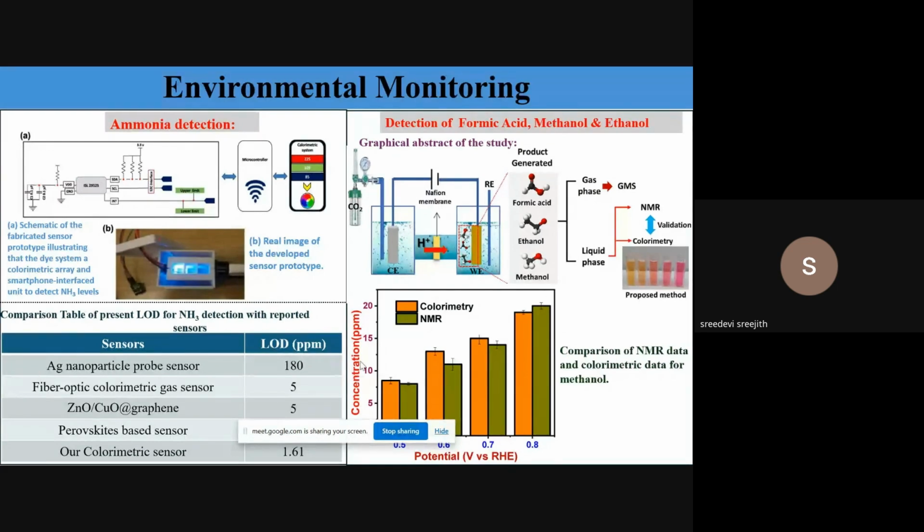This colorimetric device is user friendly and simple, so we can replace the NMR device with it. In this figure, we can see the comparative data of colorimetry and NMR for the detection of formic acid, ethanol, and methanol.